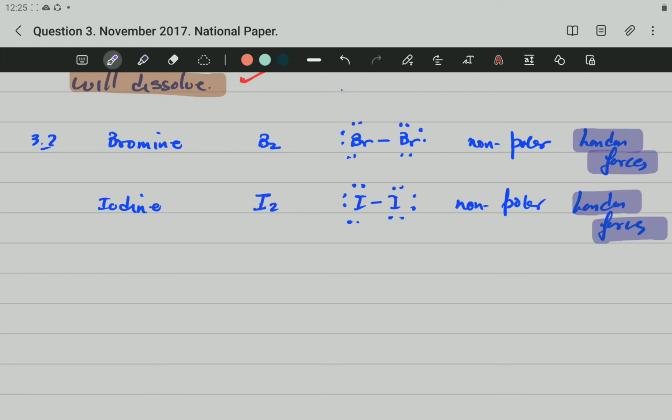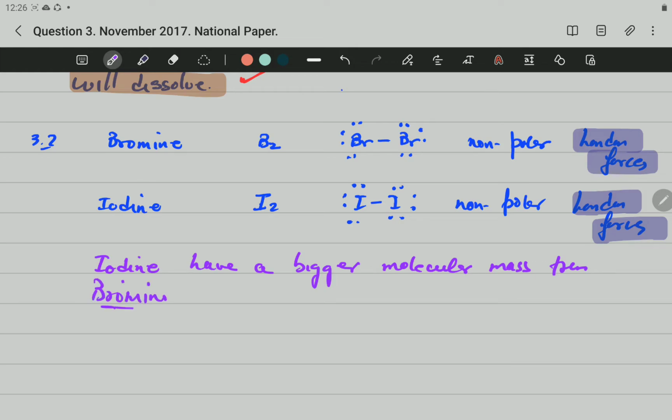Iodine has a larger molecular mass than bromine.